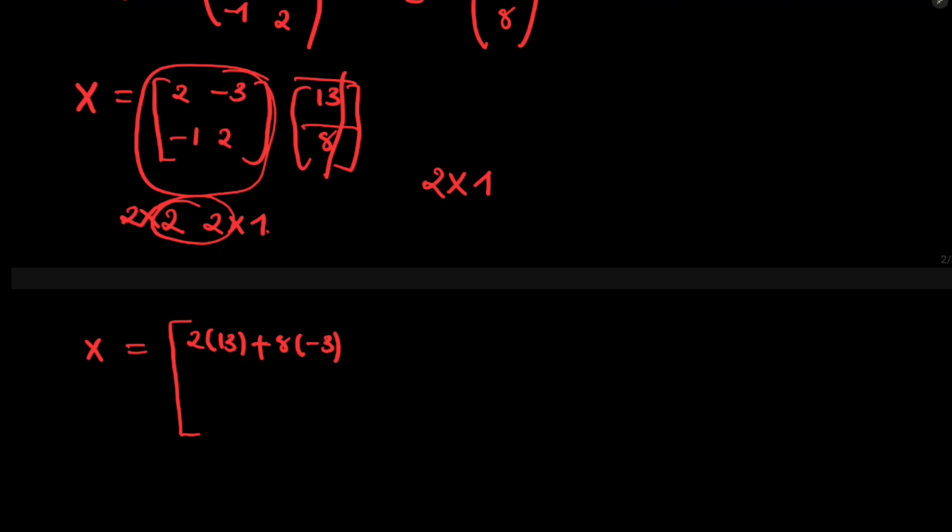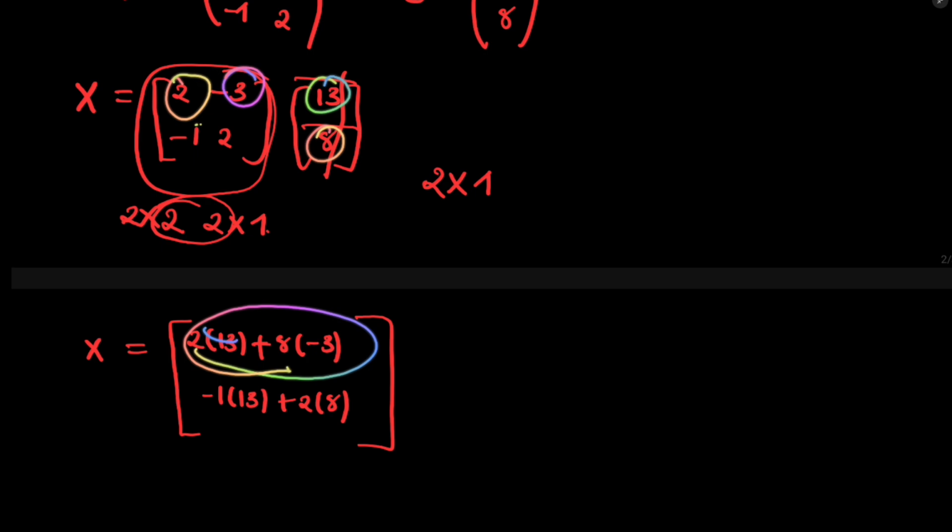Next, we have minus 1 times 13 plus 2 times 8. So this is simple. Just take 2 times 13 plus minus 3 times 8. That will give us the first value. Then we have minus 1 times 13 plus 2 times 8. That will give us the second value.